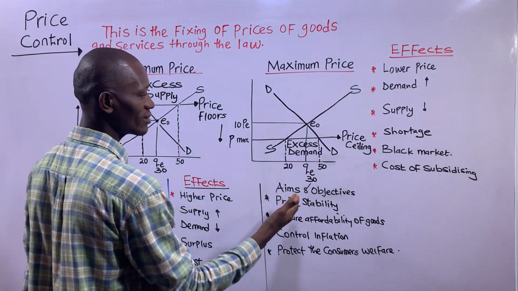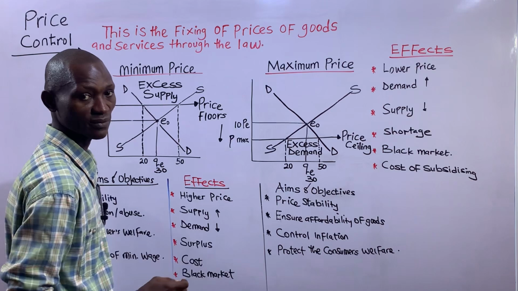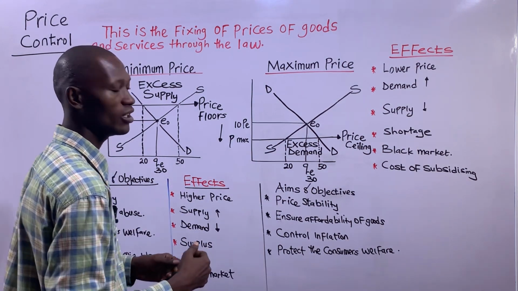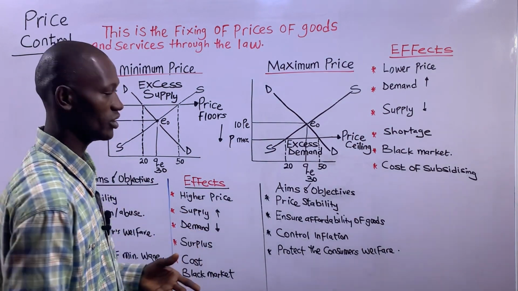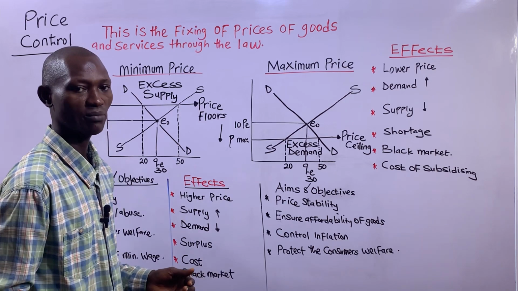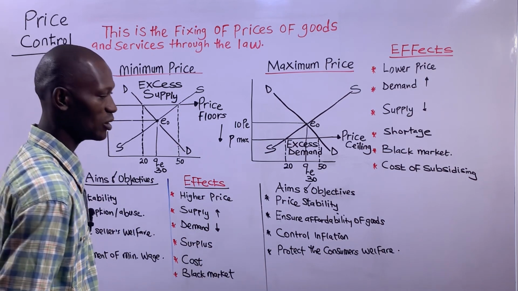So there is excess demand of 30 units. That's 50 minus 20. So each time prices are set below the equilibrium, you will have a case of excess demand, which we call shortage. And shortage simply means there is more demand than supply for a particular good or service. So I hope that is understood.